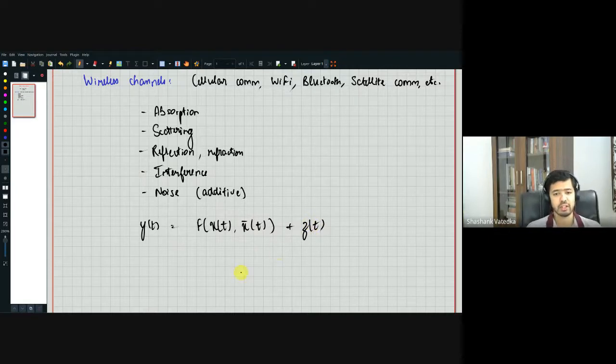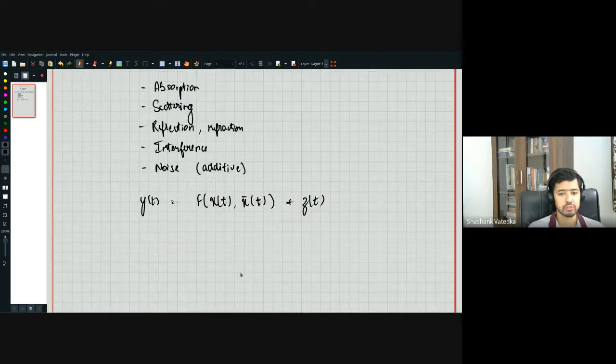Okay, and typically we want, as much as possible, simple models for wireless channels. So the most common model is to say that the wireless channel behaves like an LTI system. Right?